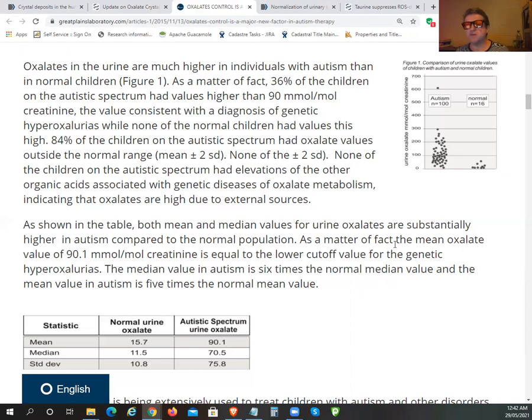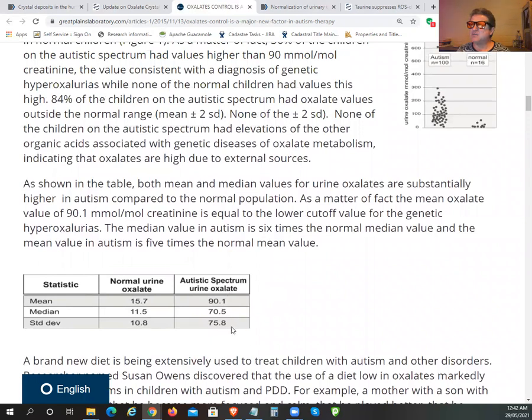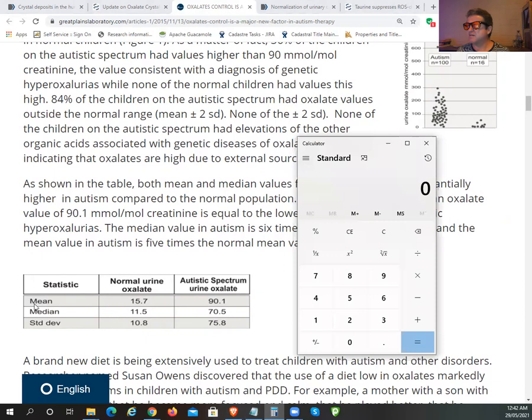It does not surprise me. Obviously, if you're eating a lot of this refined garbage, you're also going to have higher oxalates, especially the grains, very high in oxalates. So it is a good association. And when we're looking at, let me just bring this across. You know, that's the mean, standard deviation.